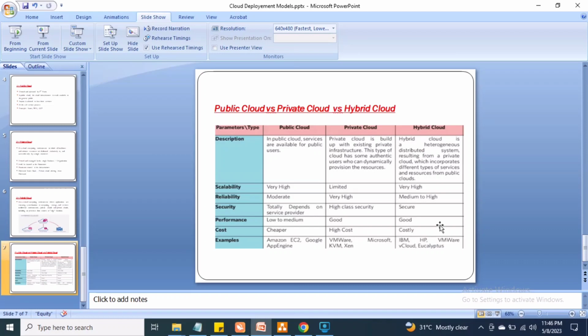In hybrid cloud, it is also costly. So let's go for the examples. Public cloud examples are Amazon EC2, Google, Azure and so on. Private cloud is VMware, Microsoft, KVM, Xen, and hybrid is IBM, HP, VMware vCloud and so on.